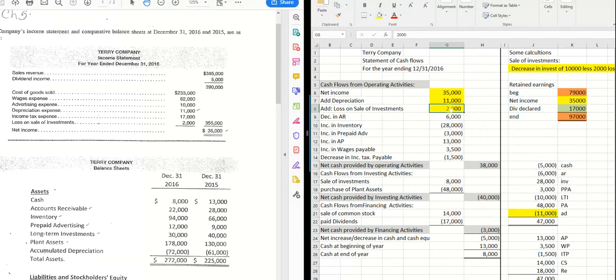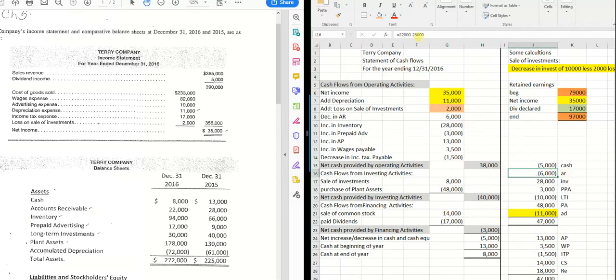Okay? I'm actually going to put that in a little different color, and you'll see why in just a second. Then I'm going to go through my, I have no gains. If I had a gain, I'd subtract it out. I need to remove them because gains and losses go in a different section. Then I go through my current assets, and I see that accounts receivable decreased.